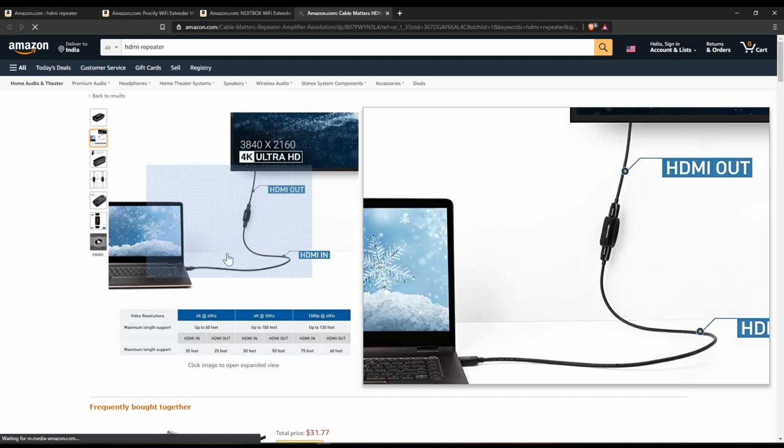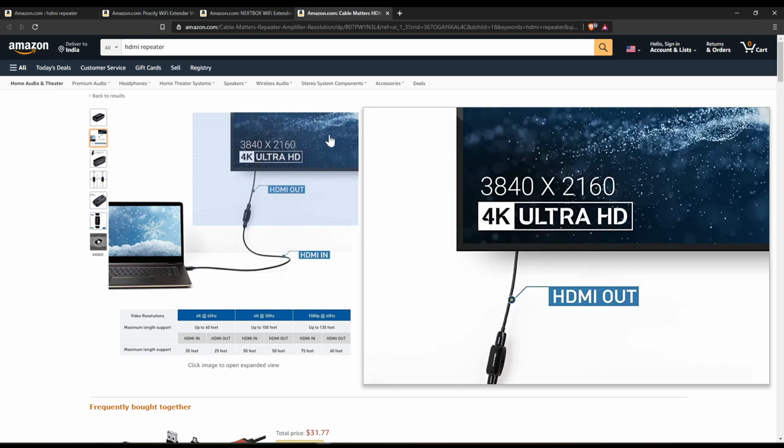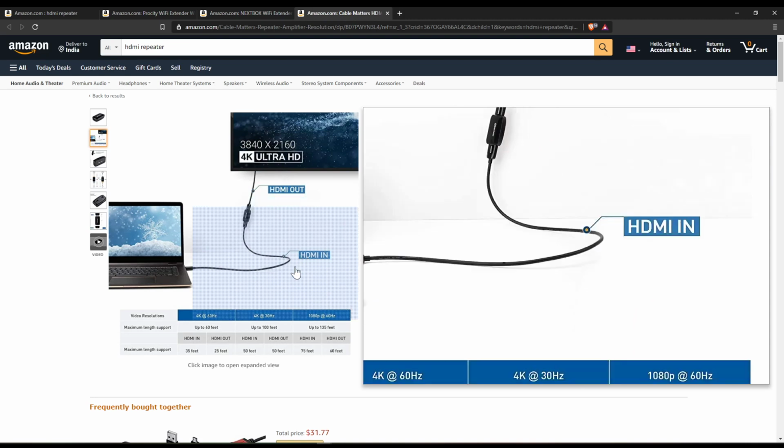You see, this repeater is connected to your 4K monitor. The same thing applies to your networking device repeater. If you are using an RJ45 cable, we use a repeater and put that in the middle.